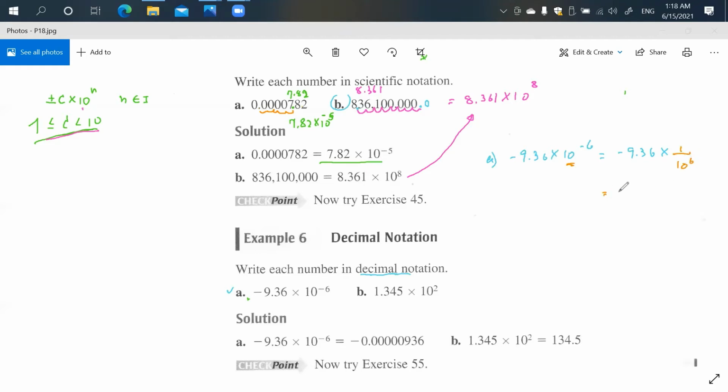So that means you have negative 9.36 divided by 10 power 6. You can leave it that way, or you can write 0 at the bottom, it's okay. That's the way to do it, and then you use a calculator.